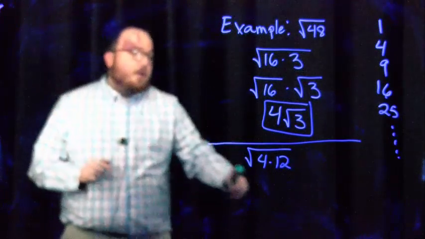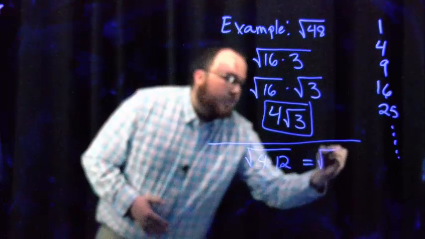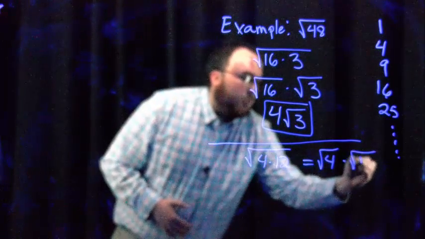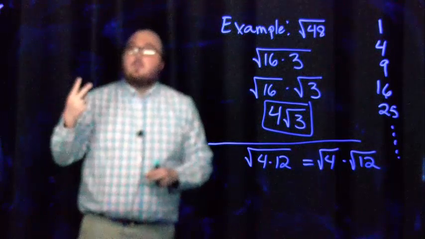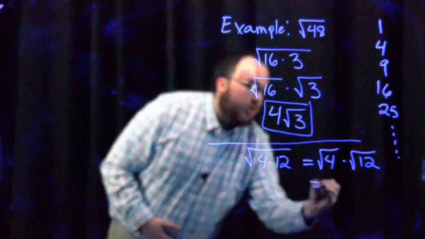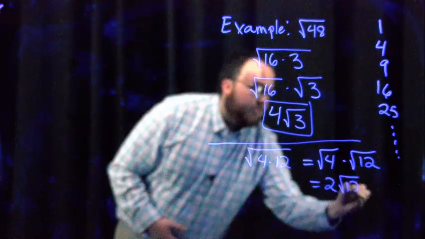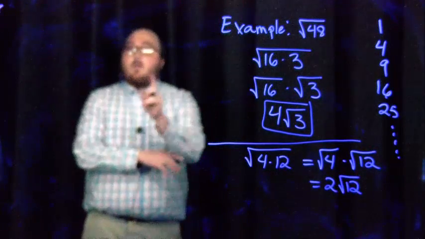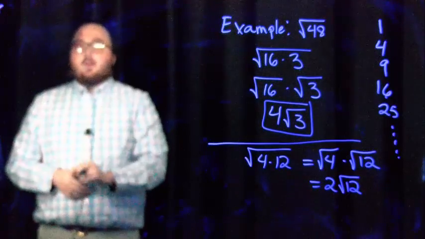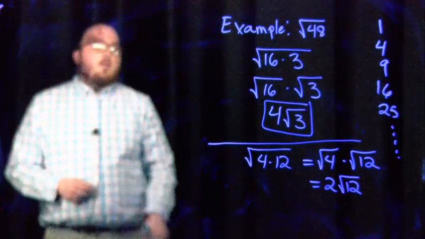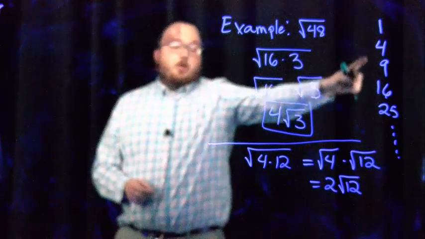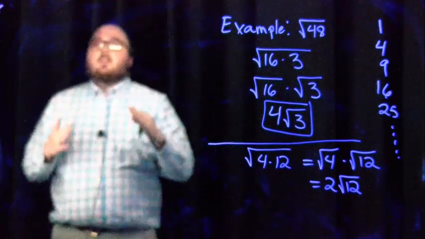Split it up into two things: square root of 4 times the square root of 12. Square root of 4 we know is 2. So I can write this as 2 square roots of 12. That's right. However, the problem here is that 12 has a factor that is a perfect square. 4 is a factor of 12. So we can't stop yet.